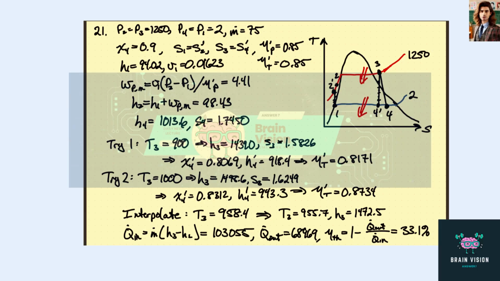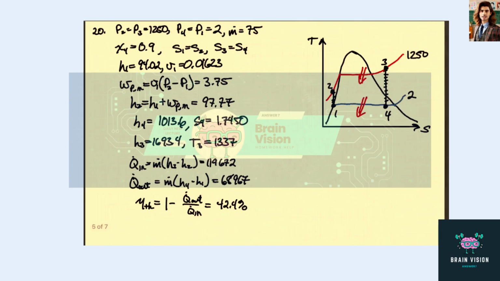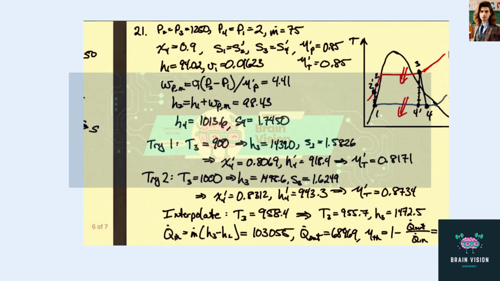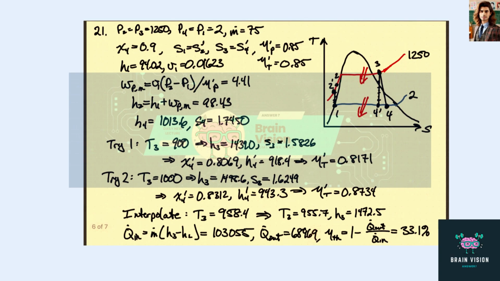Out would be between 4 and 1. No, it should be the same. I think this should be maybe a 9, or this should be a 7. Anyway, it's a very minor difference, because we kept these 2 points the same in both problems. It was this point and this point that got shifted. So a little less efficient, 33.1%.